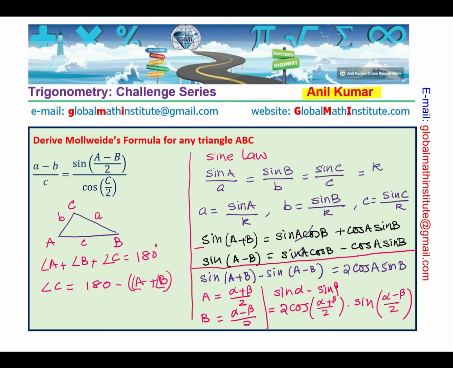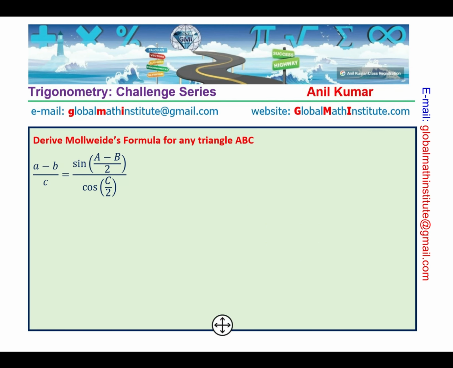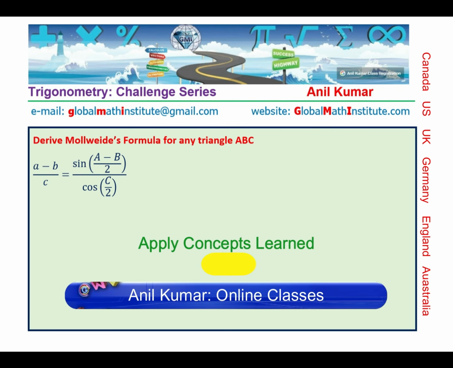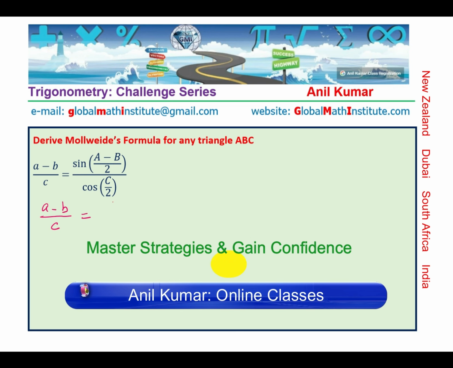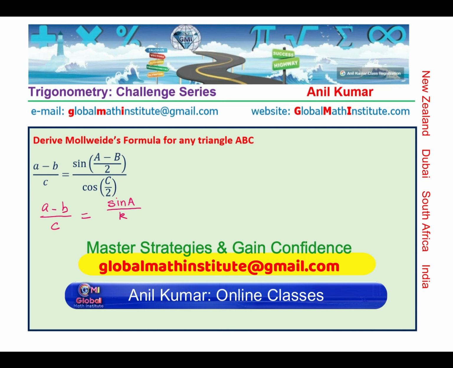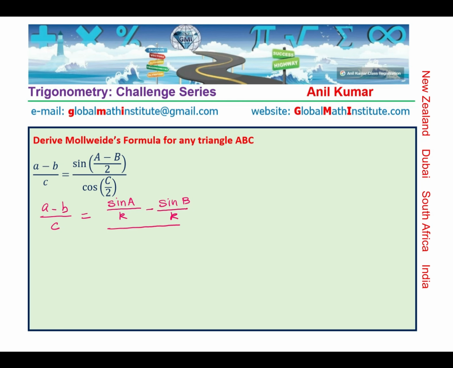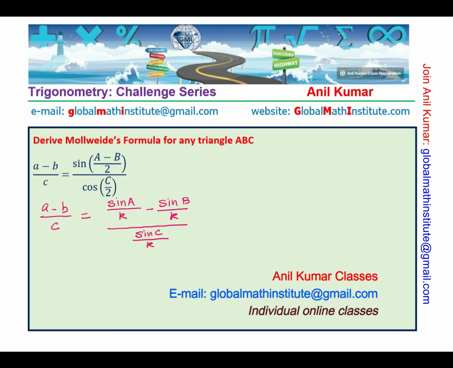Here is how we are going to do it. First thing first, we are going to begin with the left hand side, which is (a minus b) by c. a can be written using sine law as sine of capital A over constant minus sine of capital B over constant, and the denominator being sine of capital C over constant.